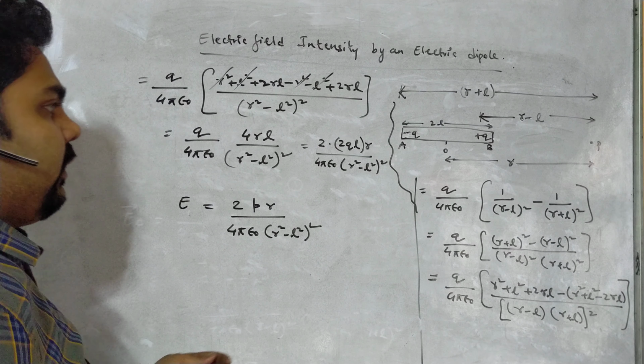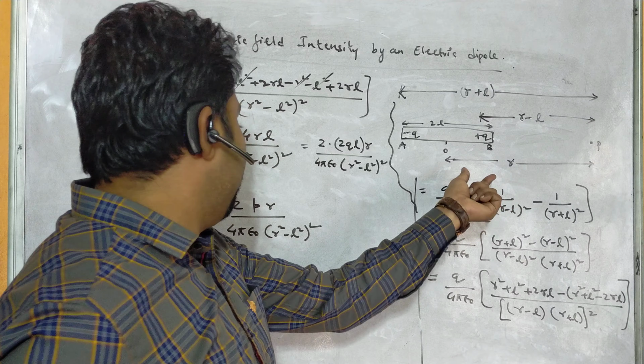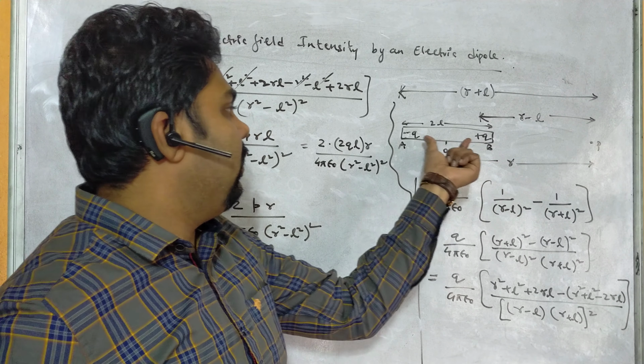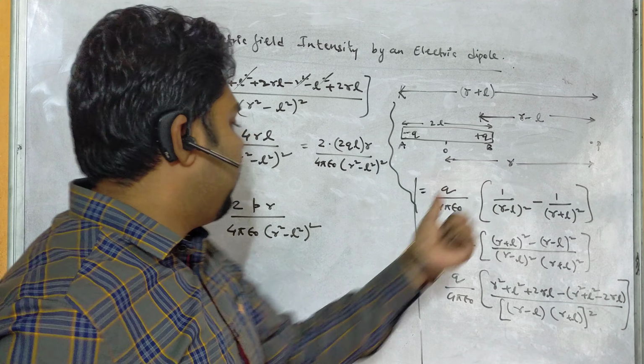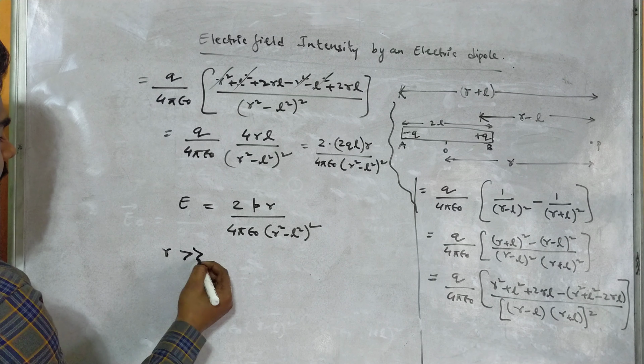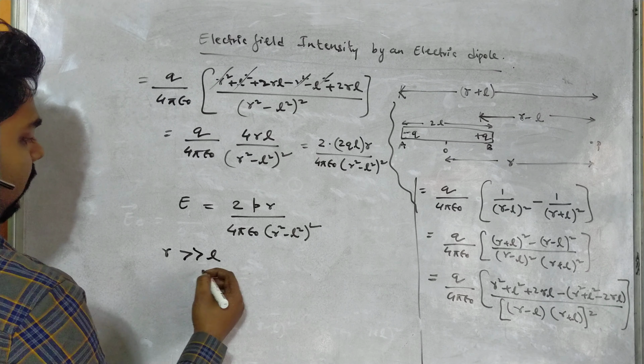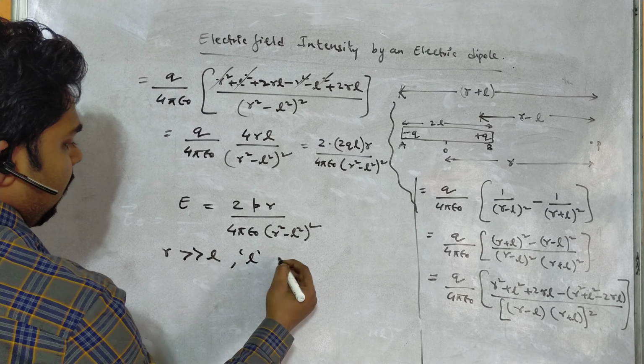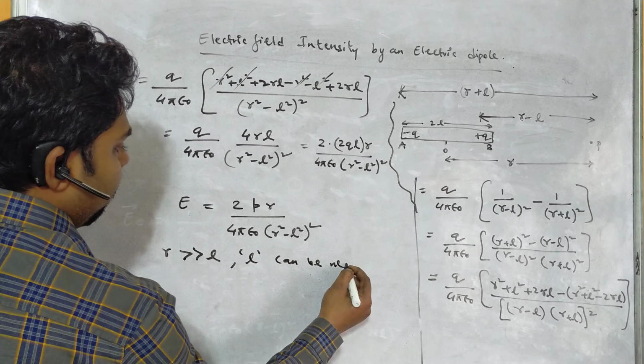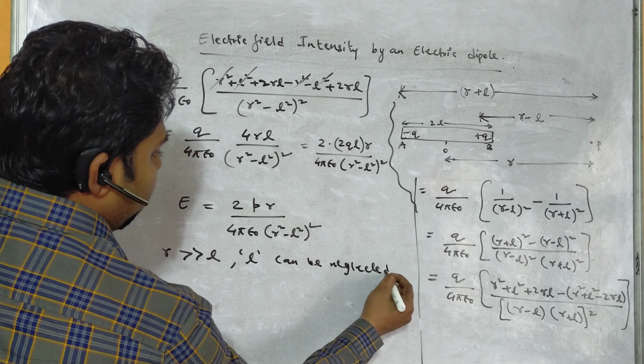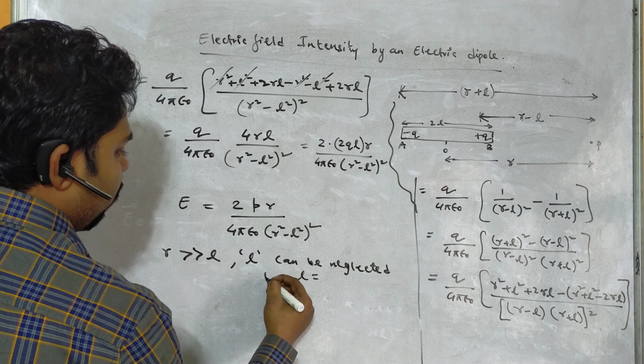If you consider this distance to be very far compared to the length of the dipole, and R is much greater than L, then L can be neglected, that is L equals 0.